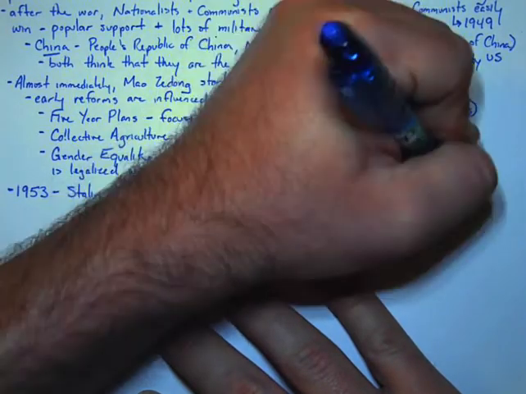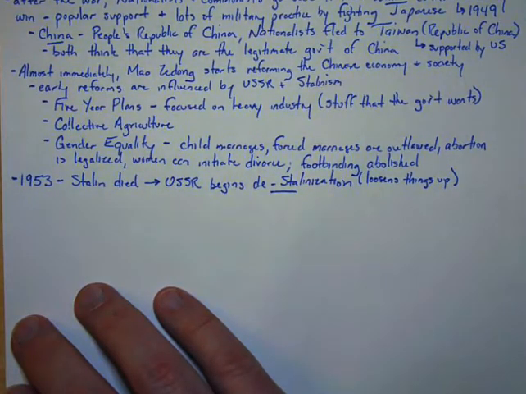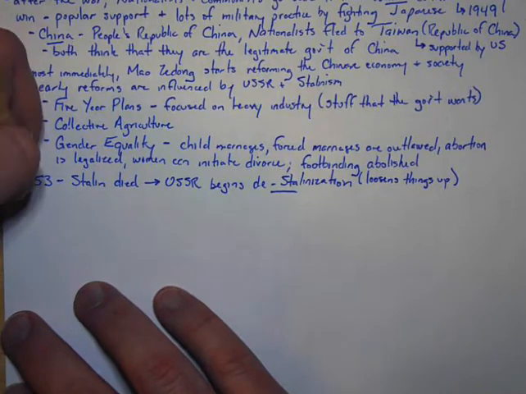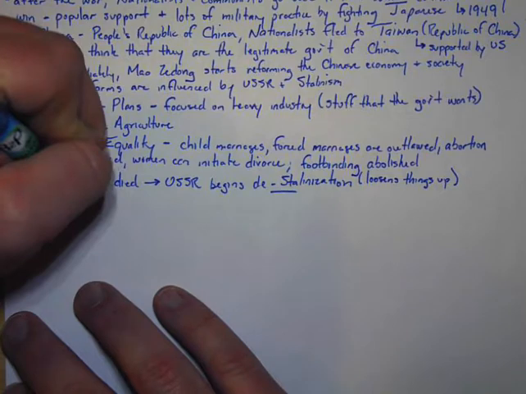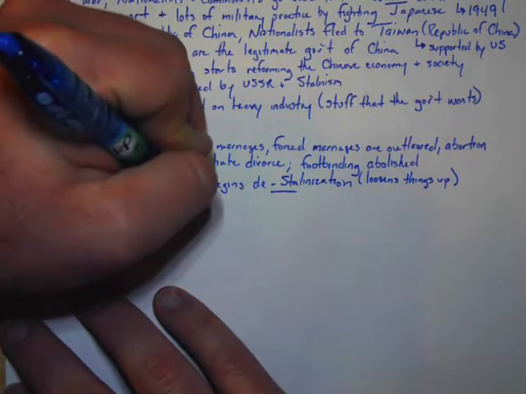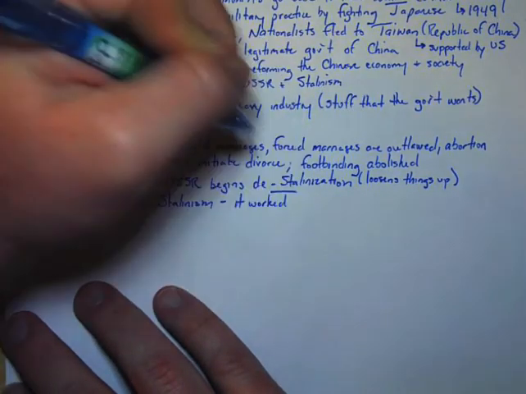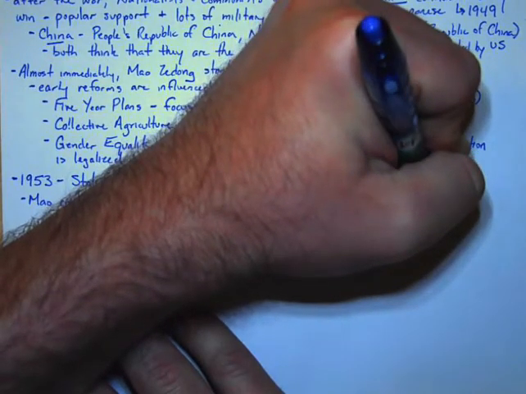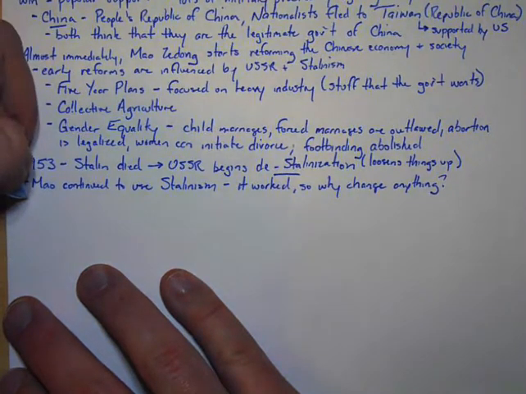Things become a little bit more open in the Soviet Union. Mao didn't like that. Mao continued to use Stalinism. It worked, so why change anything?